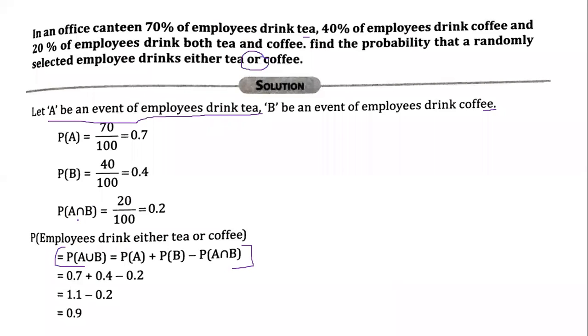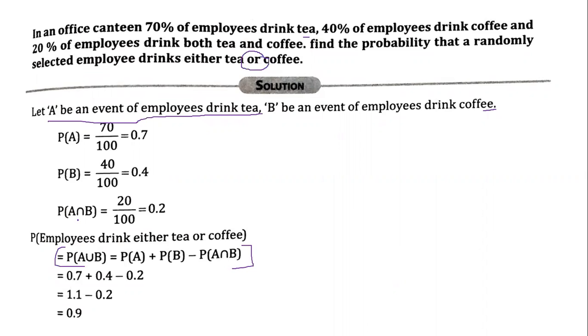Now, since we have all the required information directly given, it is easy for us to just apply the formula and find out the answer, which is the probability of employees drinking either tea or coffee, any one. Either they will drink tea or they will drink coffee.